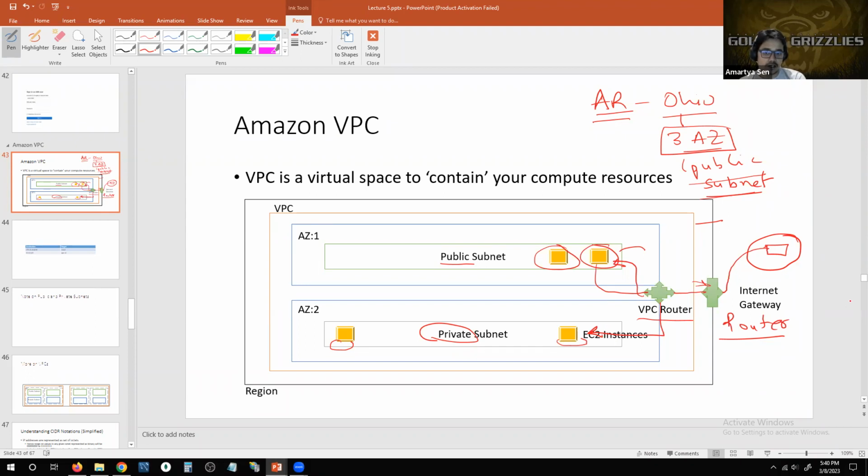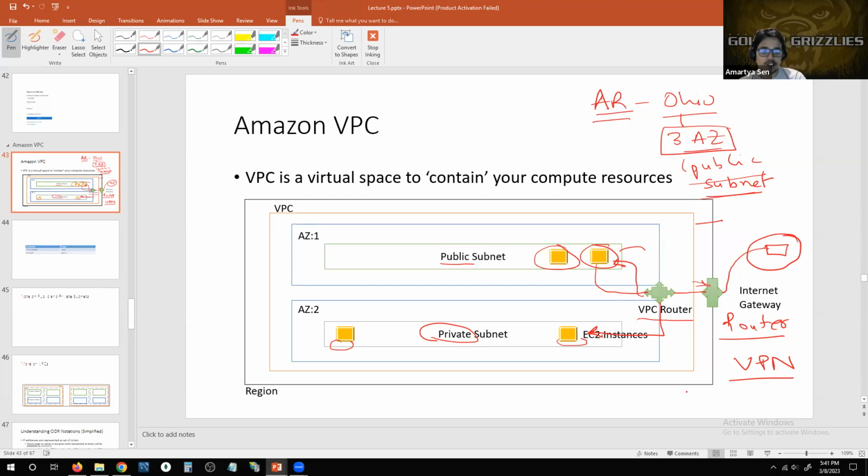Now, of course, there are certain exceptions to how you can communicate from the outside world to these EC2 instances associated with the private subnet. Just to give you a high-level overview, there are two options. You can establish a virtual private network connection to the EC2 instances in the private subnet, which will allow you to directly ping or tunnel into the EC2 instances that are privately present within your VPC.